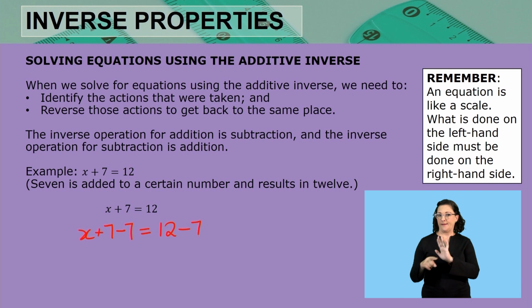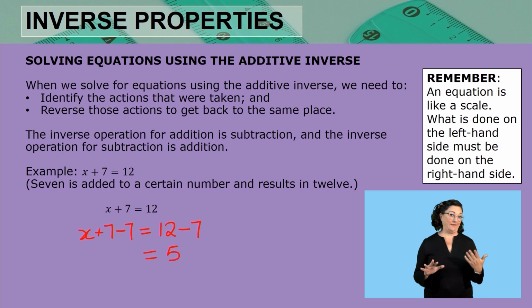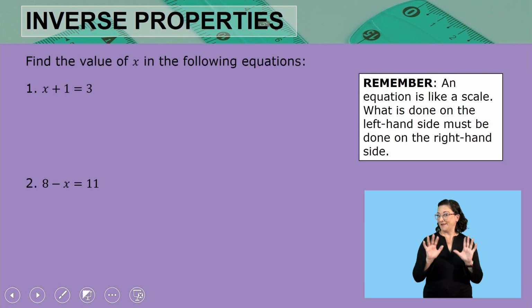So on this side as well, if I say 12 minus 7, that is going to leave me with 5 on the right-hand side, and on the left-hand side, I have 7 minus 7, remember, that gives us 0 because they are additive inverses of each other, and I'm just left with x. So x is equal to 5. And if you look at it, if we add 7 to 5, the answer is 12. Isn't that amazing? Let's look at some examples here.